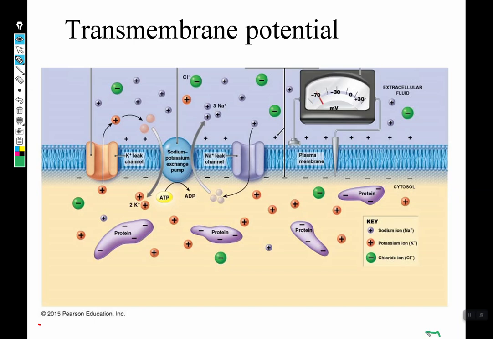One, if I look at how many sodium ions are outside, and let's just make them purple since that's the color the book is using. I usually make sodium green. So sodium here is this purple color. If you count, the outside of the cell has lots of sodium, and the inside of the cell has very little sodium.